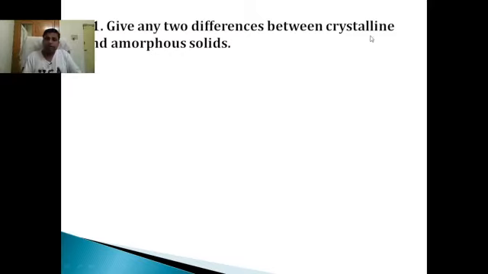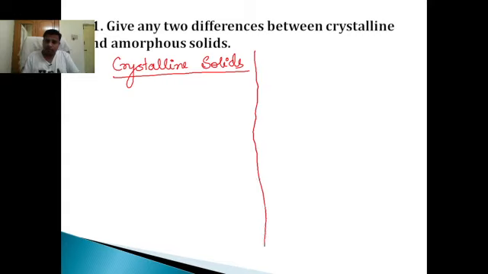Give any two differences between crystalline solids and amorphous solids. Here we go. We are asked to write only two differences for 2 marks. Crystalline solids and amorphous solids.